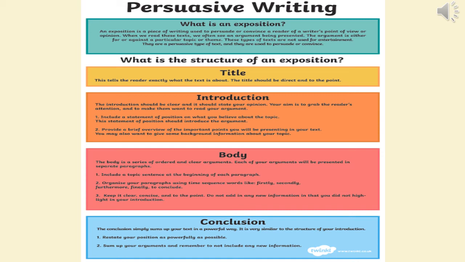Organize your paragraphs using time sequence words like firstly, secondly, furthermore, finally, or and to conclude. And keep it clear, concise, and to the point. Do not add any new information that you did not highlight in your introduction.